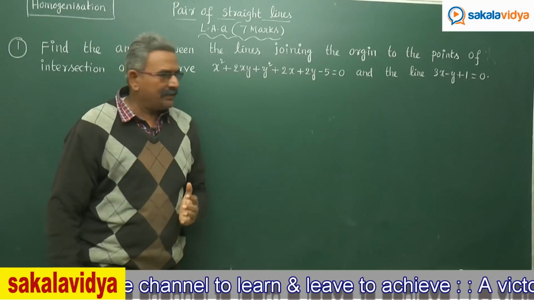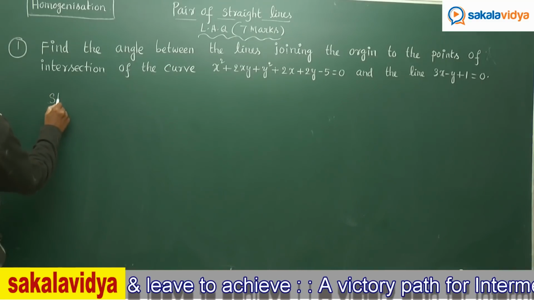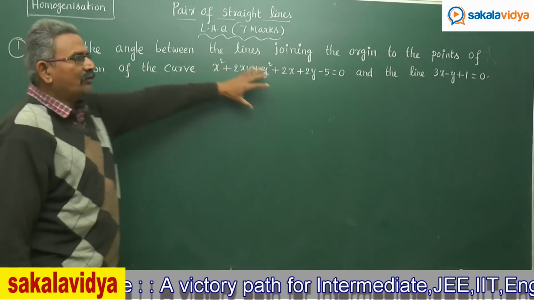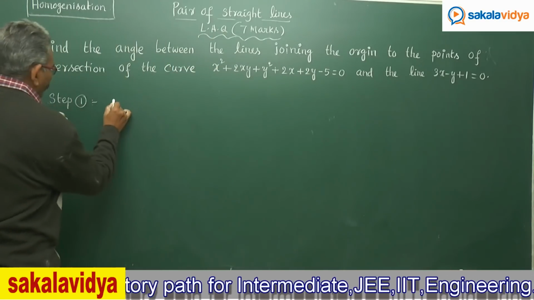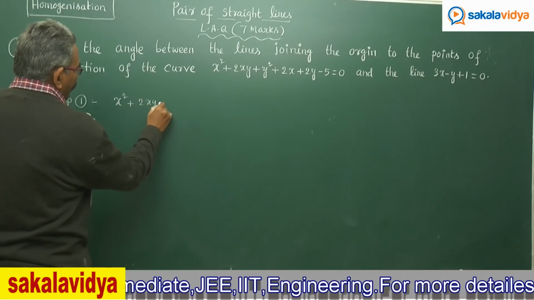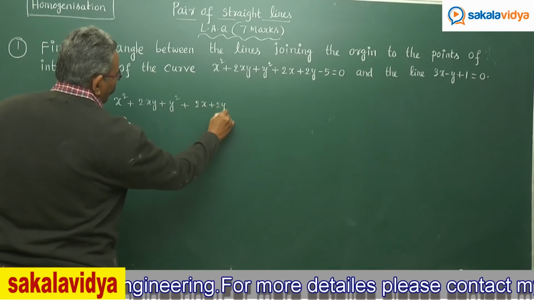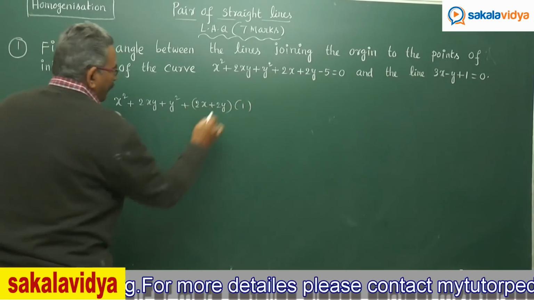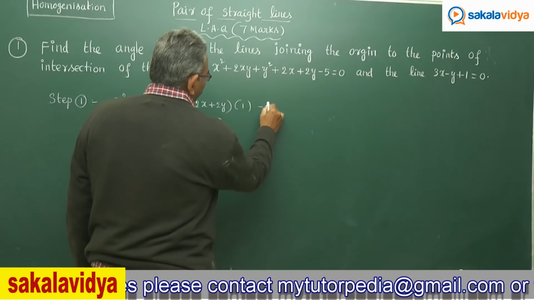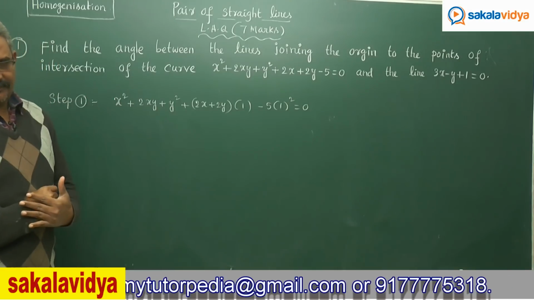In step 1, first write down the curve equation: x square plus 2xy plus y square plus 2x plus 2y into 1, it doesn't make any difference, minus 5 into 1 square equals to 0. This is the first step we need to write.